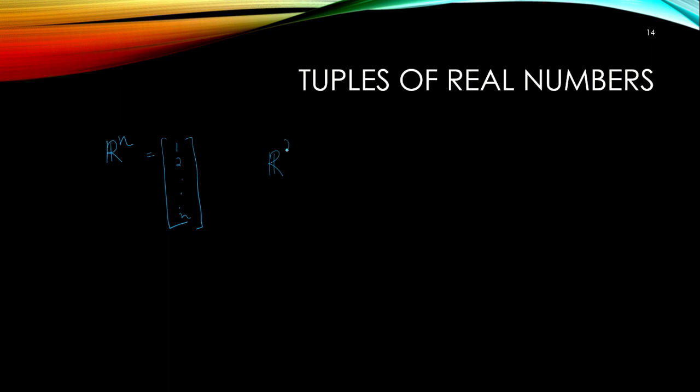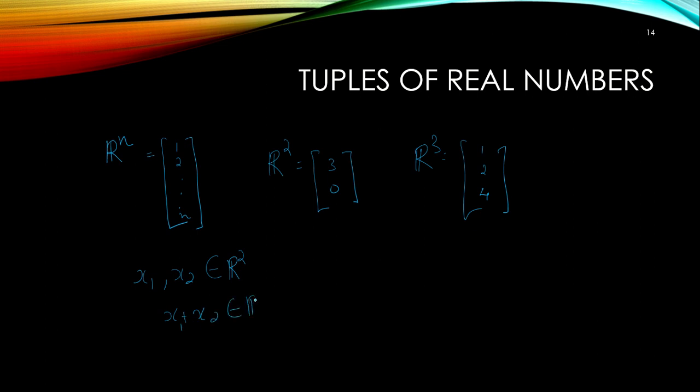R2 means a two-numbered vector, and R3 is a three-numbered vector. Suppose I have vectors x1 and x2 belonging to R2. When I add these two vectors, x1 plus x2 will also belong to R2.